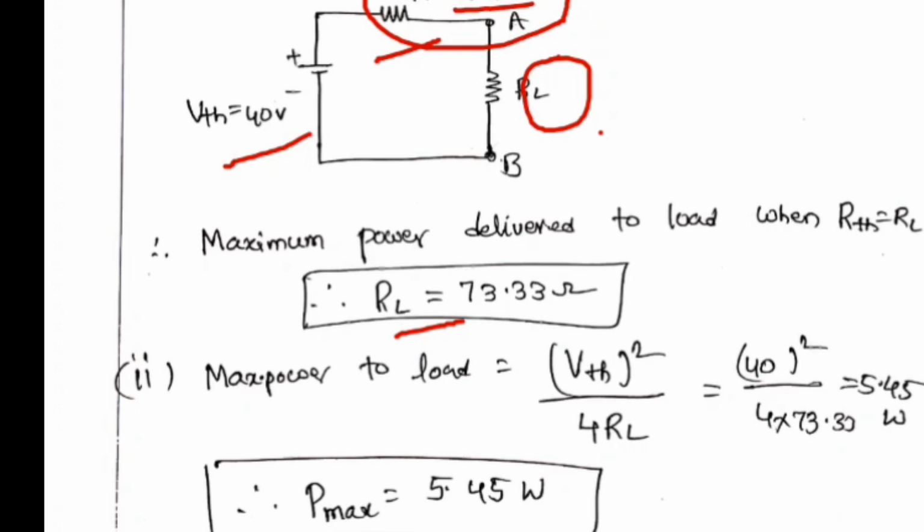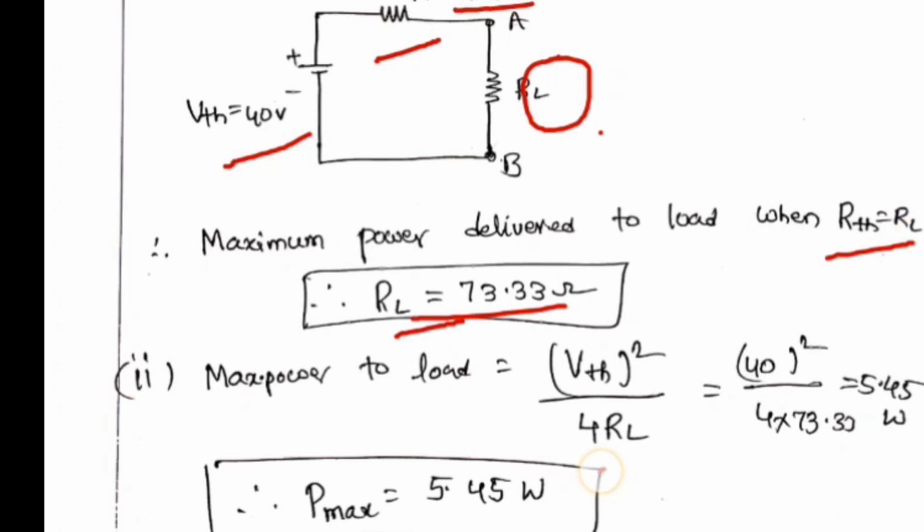R Thevenin and Ri are both the same, and equal to 73.3 ohm. Therefore, maximum power is delivered to the load when R Thevenin equals RL. That is the theorem. Therefore RL equals 73.33 ohm. That is the maximum power transfer theorem calculation.